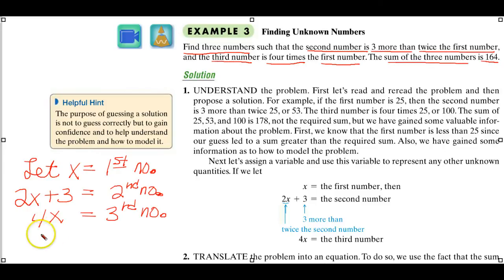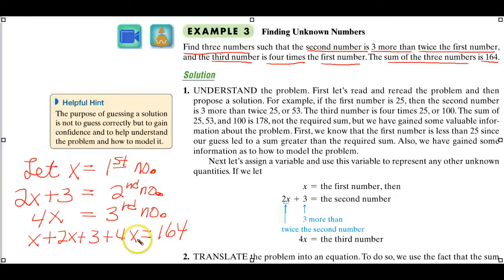And we're saying that these, x plus 2x plus 3 plus 4x, equals a total now of 164. Now there's our equation. So how do we solve it?